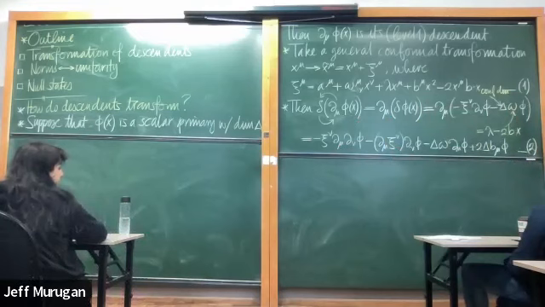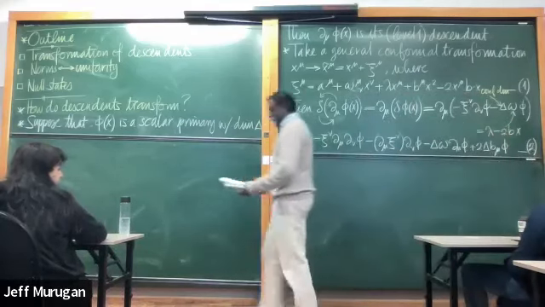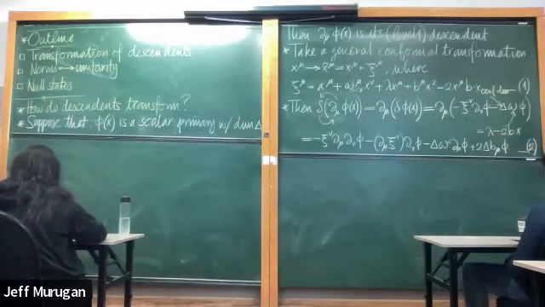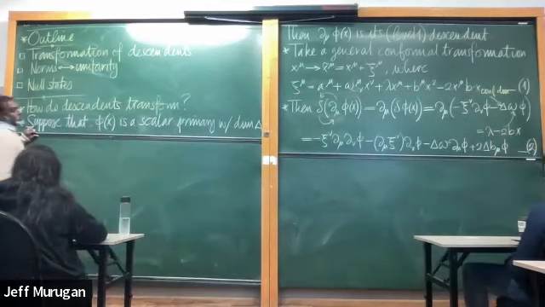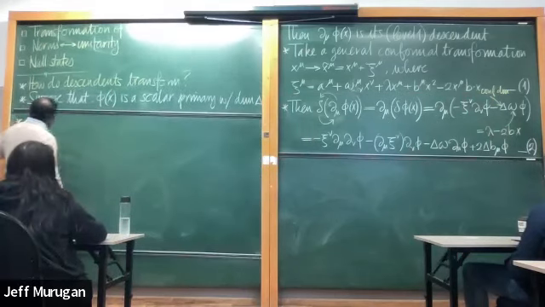Right? So primary operators transform great. They only involve primary operators. But this term here tells me that descendant operators do not transform as nicely as primaries. This is an important aspect of the optimization scheme that we're coming up with.